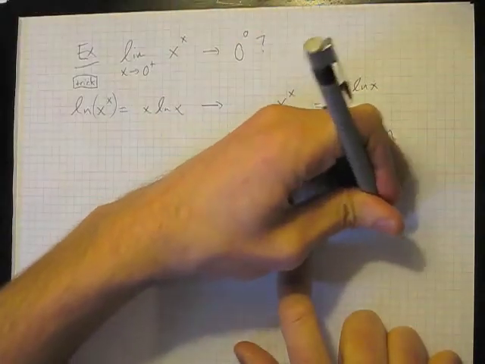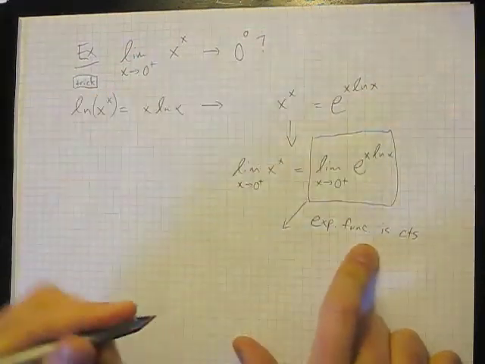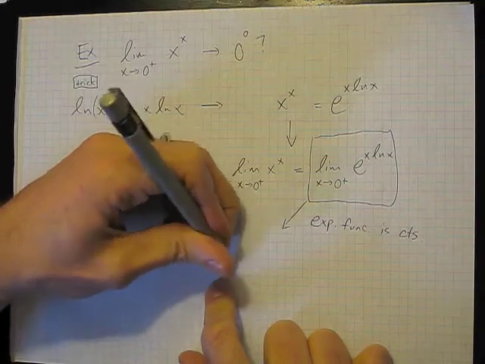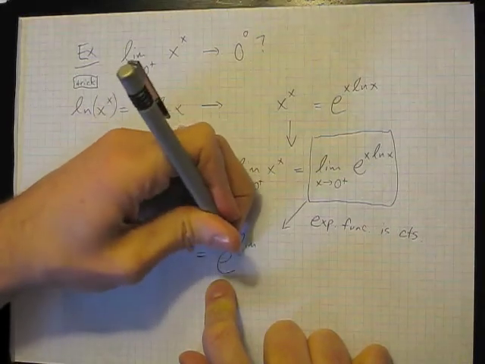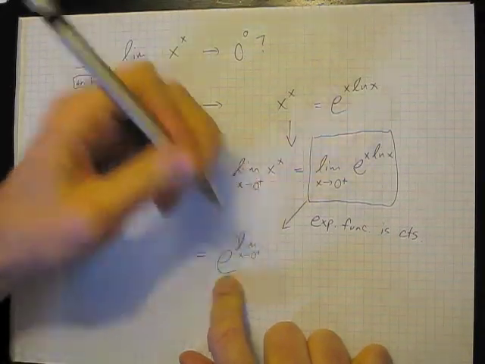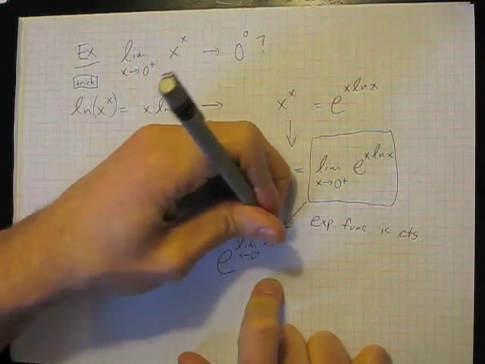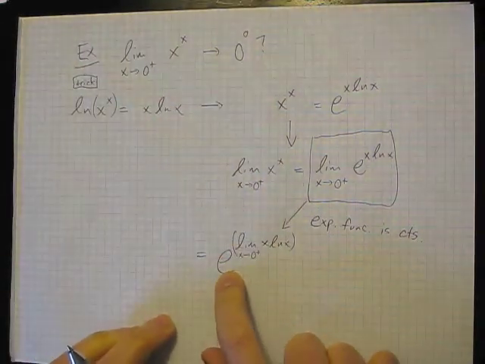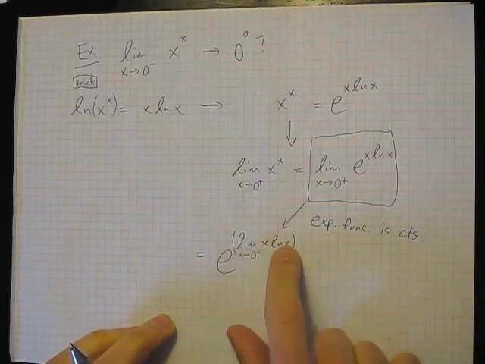And anytime the exponential function is continuous, that means that you can pass the limit into the power, like this. So we really are just interested in e to whatever this limit is, okay?